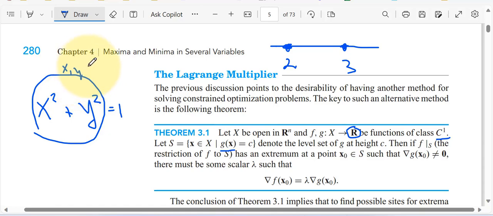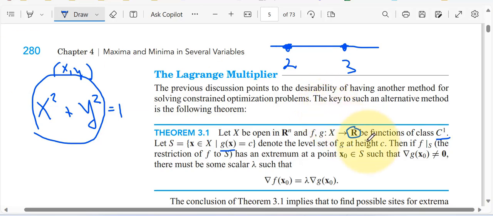There are only 2 elements in it, but we want to be more general and allow for more than just 2 elements. So g of x gives us some constant. This is just the set of x's that fall on the circle, or that satisfy the constraint. And she calls that a level set of g. But we won't worry about that either.